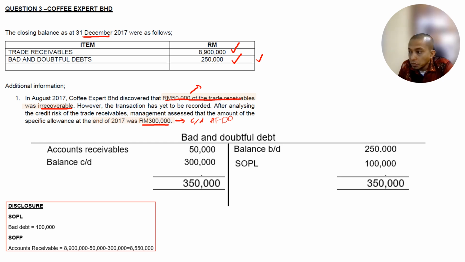Balance up this account, we get the SOPL, which is the bad debt expense. This is an expense, goes to SOPL, and this is the ending balance, goes to allowance for doubtful debt in the SOFP. This one is allowance for doubtful debt. These two are what we call account receivable or trade receivable. Same format, same answer.